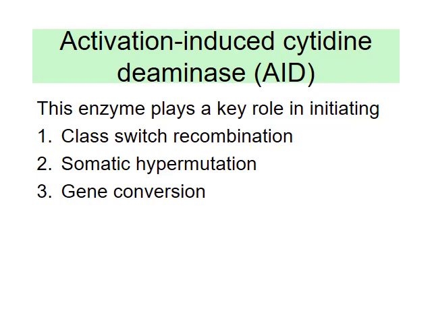One enzyme is activation-induced cytidine deaminase, AID, and that plays a key role in initiating class switch recombination, somatic hypermutation and gene conversion, which are the three major pathways that allow us to generate tons of antibody.